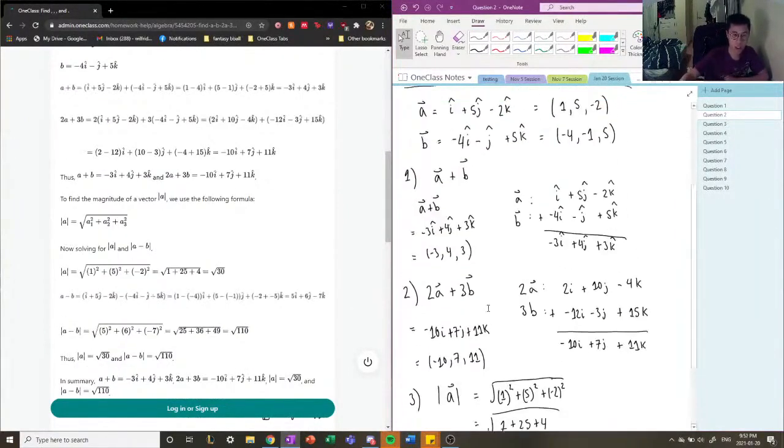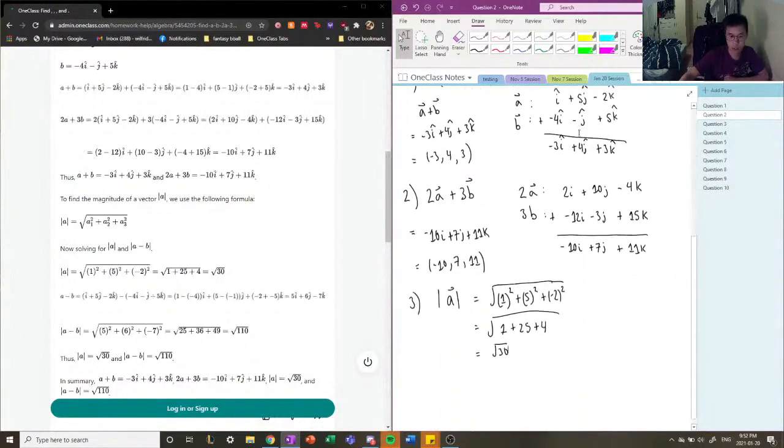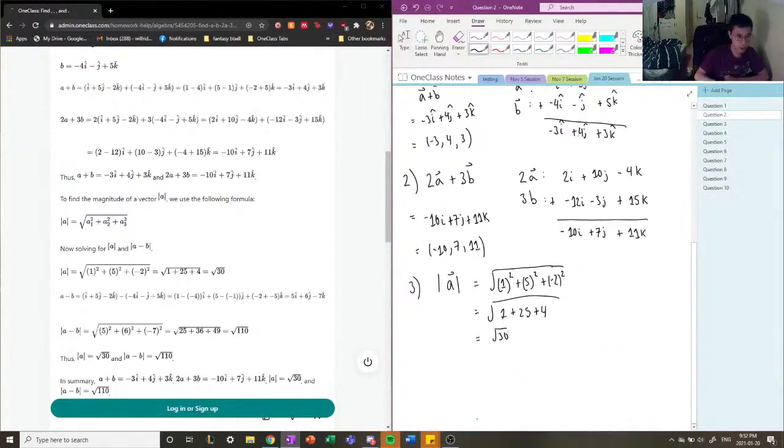Now, the final question asks us to calculate the magnitude of A minus B. In vector mathematics, you want to calculate the subtraction of the vectors before you calculate the magnitude. So that's what we're going to do. First, we calculate the subtraction of these two vectors.